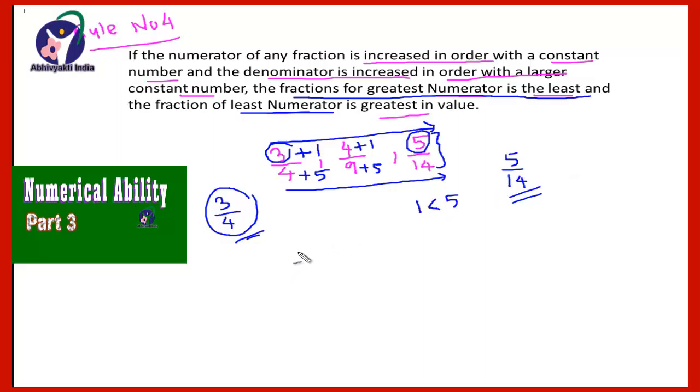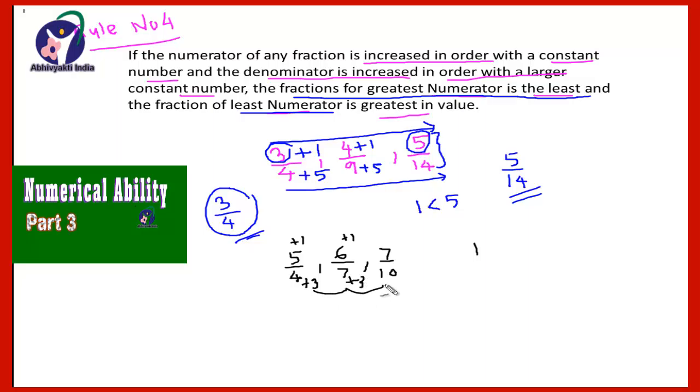Now take another example, 5 by 4, 6 by 7 and 7 by 10. Here the numerator is increasing by 1. 5 plus 1 is 6 and 6 plus 1 is 7. So the numerator is increasing by 1 and the denominator is increasing by 3. 4 plus 3 is 7 and 7 plus 3 is 10.